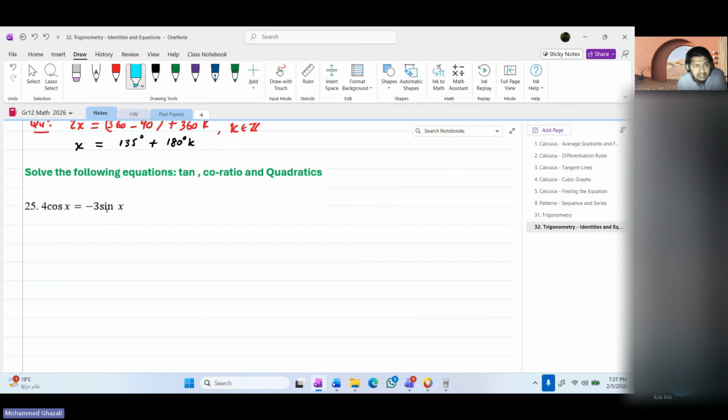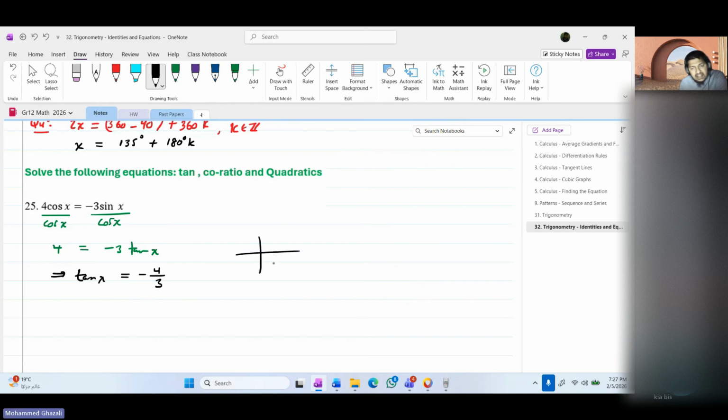So we have 4 cos x equals negative 3 sine x. Because I have cos on one side and sine on the other side, I can just divide both sides by cos and make it tan. So I've got 4 is equal to negative 3 tan x because sine over cos is tan. So now I can say this implies tan x is equal to negative 4 over 3.